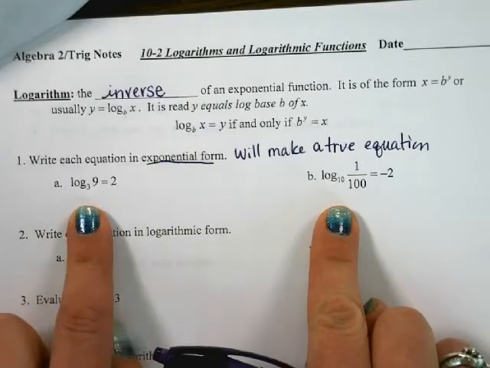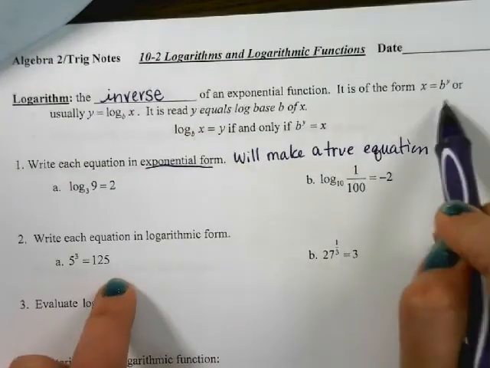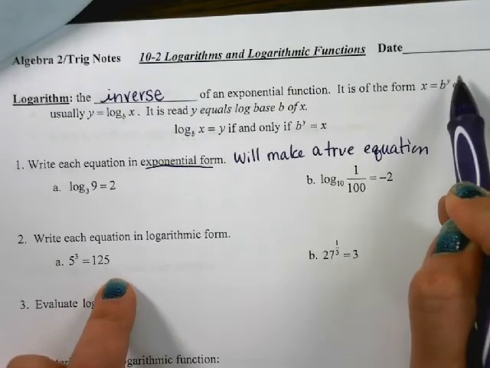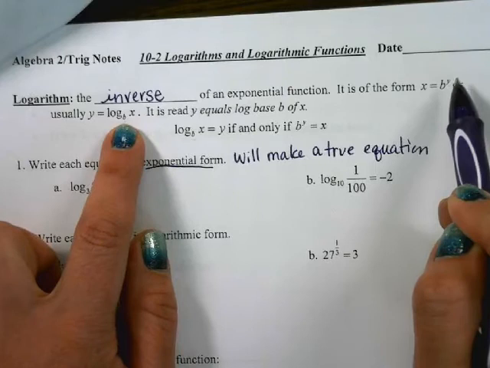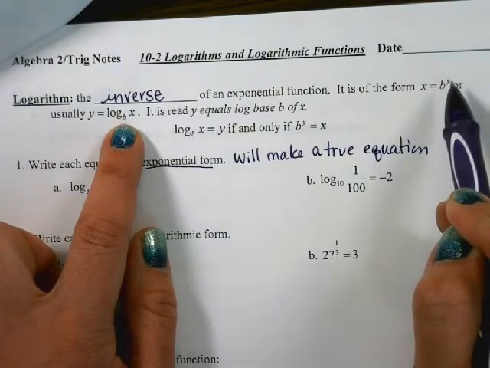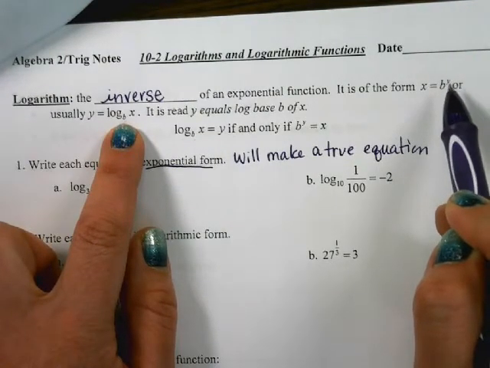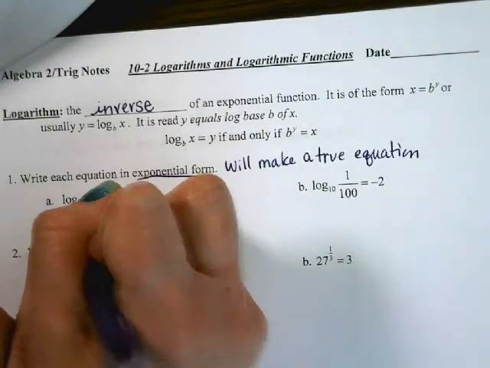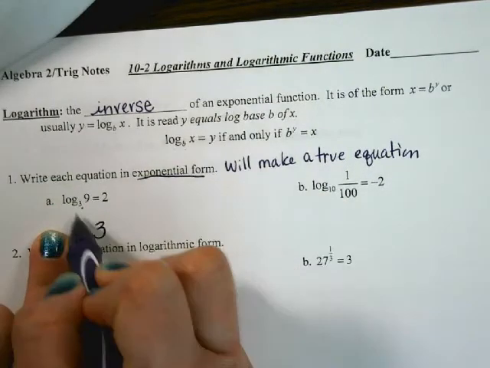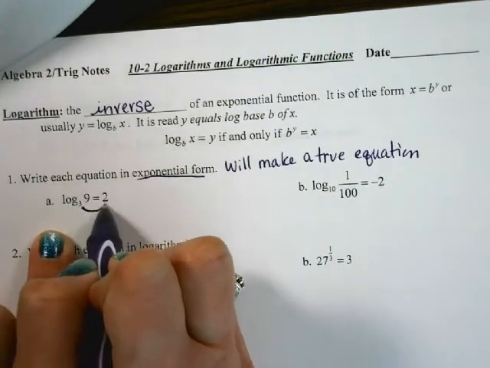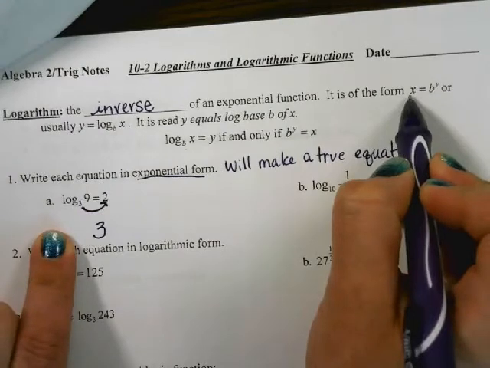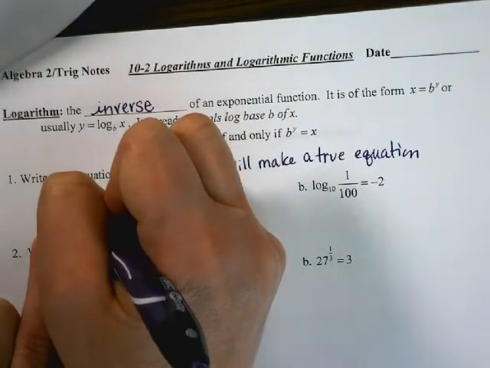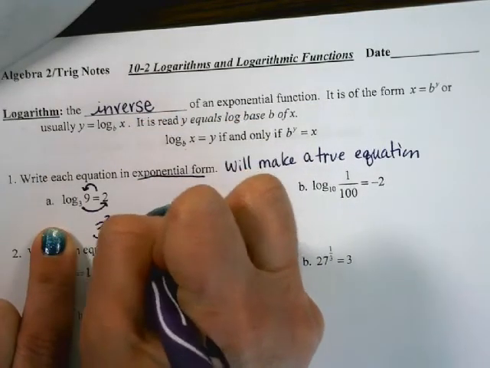Now, let's see where things come from. Notice that the b is the base of the exponent, but b is also the base of the log. Okay, so that's where I'm going to start. The base of the log is 3. So I'm going to start here at 3. 3 to the x, or 3 to the second power, is equal to y, or 9.